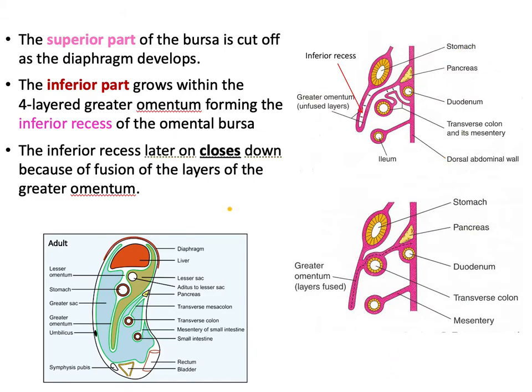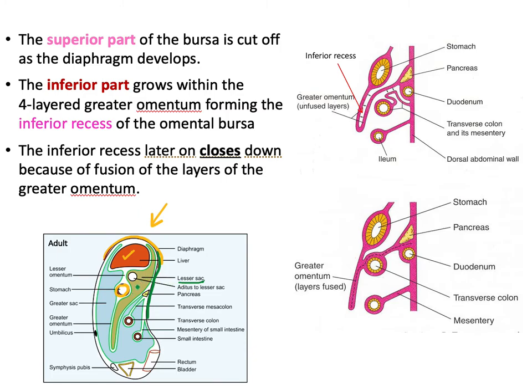So let us look at the adult, which I like to use before explaining how it's created in the embryology. This is the liver, this is the diaphragm, and this is the stomach. So the space that we are talking about is located behind the stomach, and this is the posterior abdominal wall. So this space in green color is the lesser sac, or omental bursa.